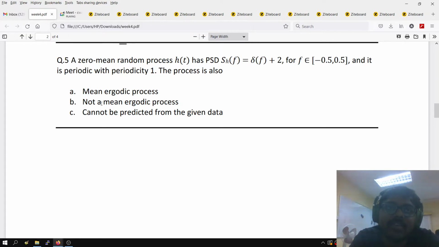Autocorrelation function is E of x of t into x of t plus tau. Even if I take tau equal to 0, that only gives me expectation value of x square, but nothing about E of x. I cannot comment on the mean if I have given the PSD. I can comment on the autocorrelation, the second moment from PSD, but I cannot comment on the first moment, I think. I have to think about time average equal to sample average.